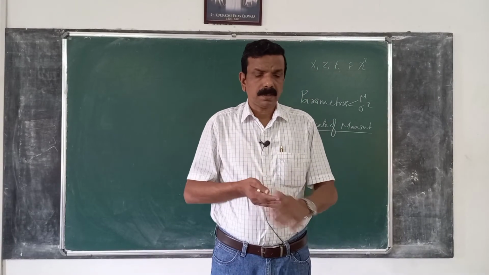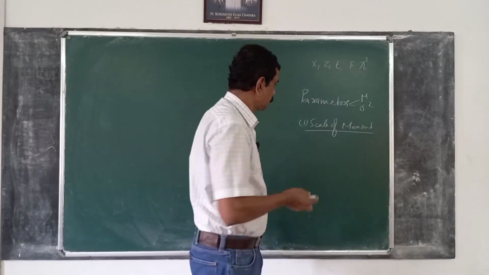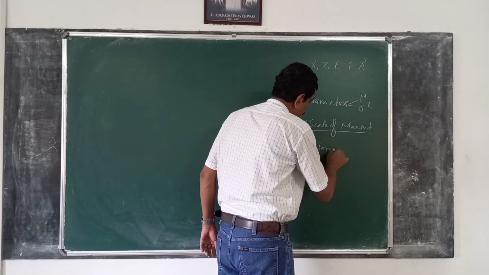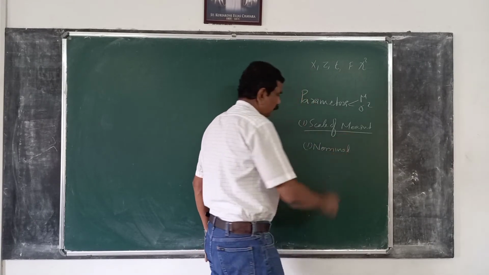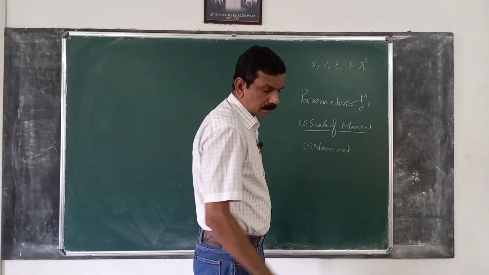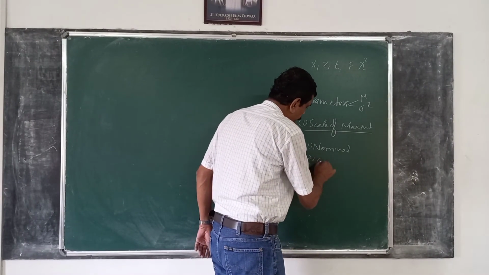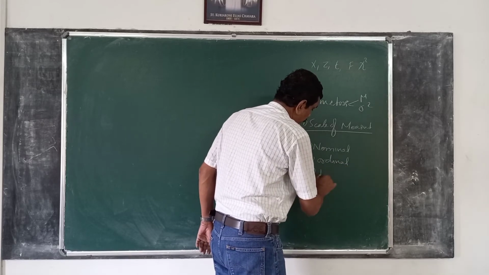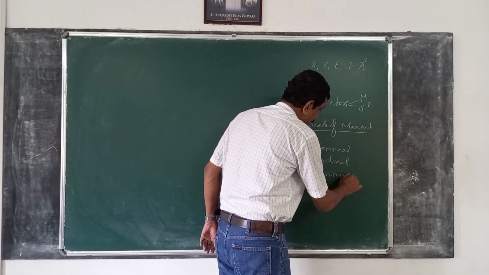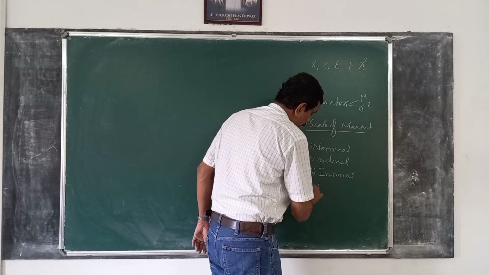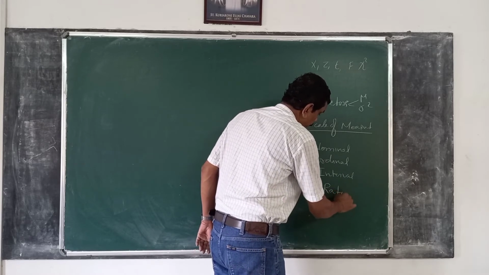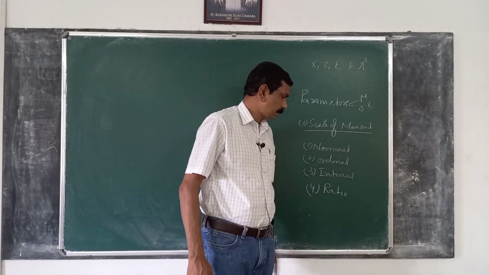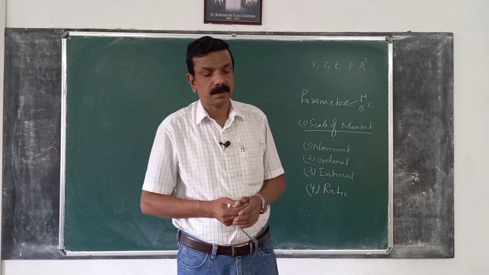As we have studied earlier, there are four scales: nominal scale data, the second is ordinal scale, third is interval scale, the fourth is ratio scale.